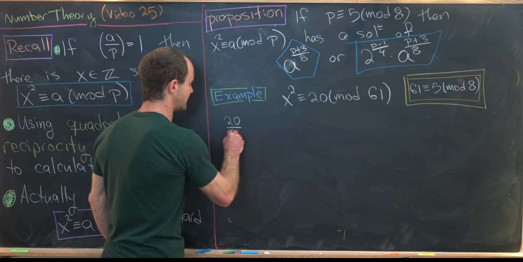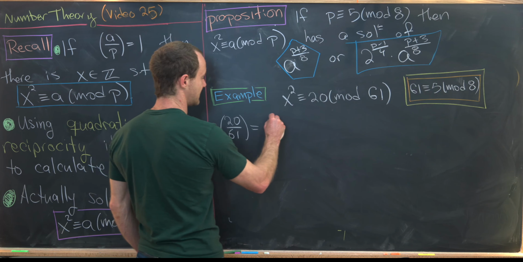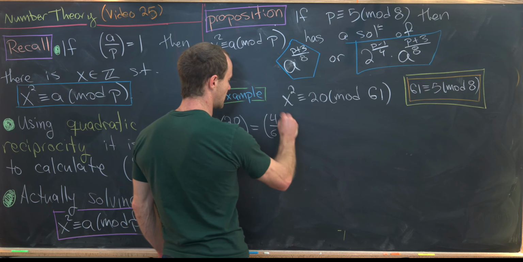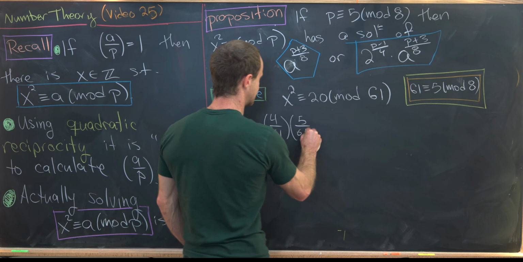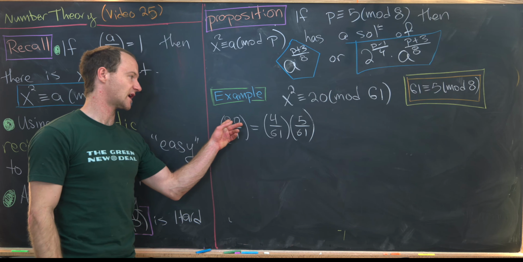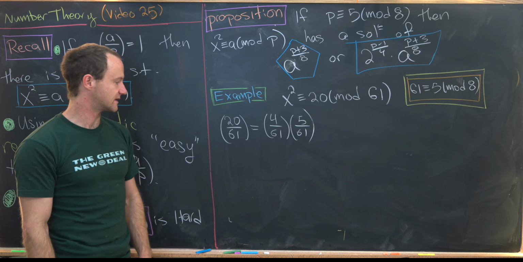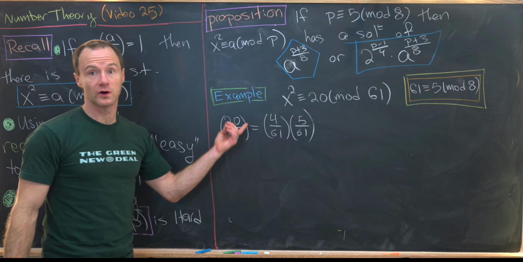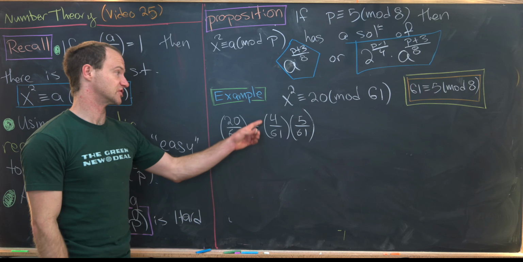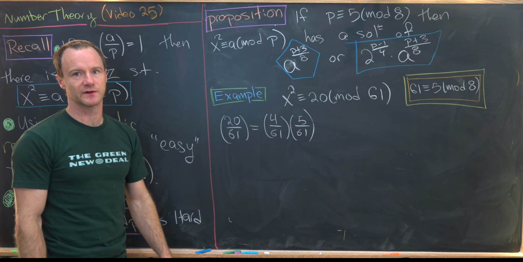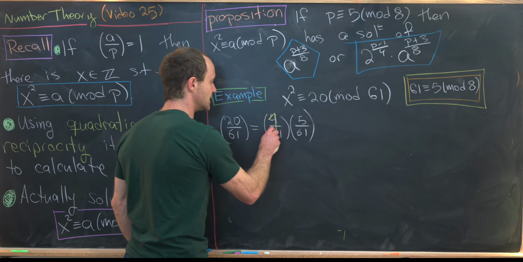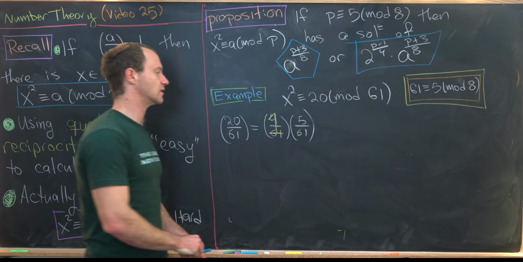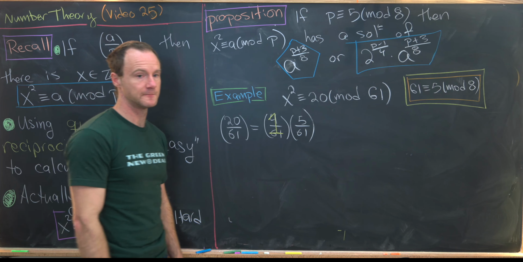So we've got (20/61) is the same thing as (4/61) times (5/61), because we can factor this top part into two pieces like this. Okay, next, we know that 4 is a perfect square over the integers, which means it's obviously a perfect square mod any prime. So we know the Legendre symbol here will give us the number 1.